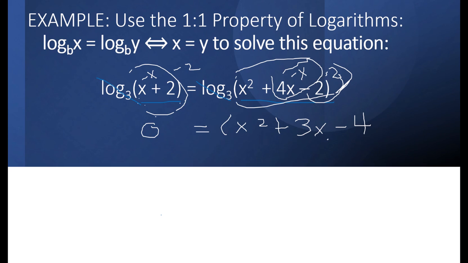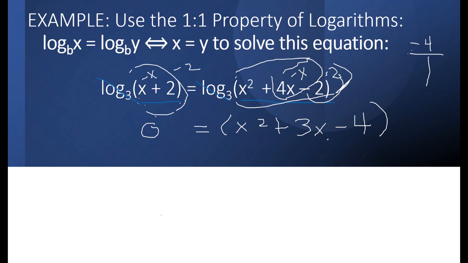Now we have a trinomial that we can factor. You can go into the ICANN and use the factoring calculator that I have right up at the top, or you can use a T-chart for this one. It's very easy to find the factors of negative 4 that multiply to give us a negative 4 and add to give us a positive 3.